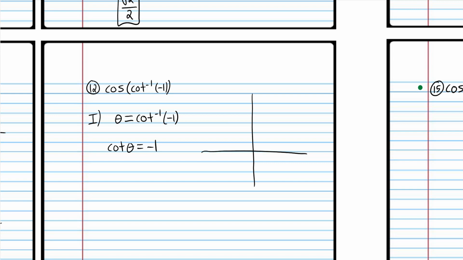So cotangent is negative in the second and fourth quadrants. And if cotangent is 1, we're dealing with an x over x ratio. So you may recognize this as a 45, 45, 90 degree triangle.